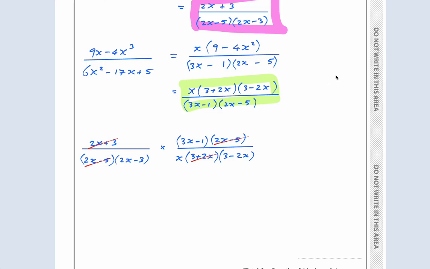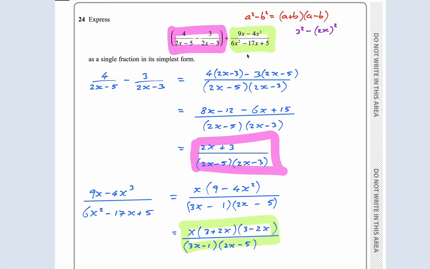So I'm left with, in the numerator, 3x minus 1. And in the denominator, this times this times this. And I'll write it as x times 2x minus 3 times 3 minus 2x. And that is this simplified.